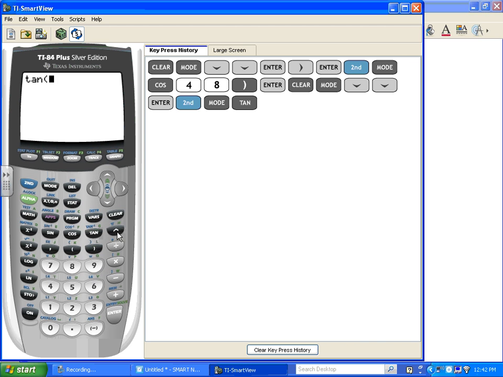Pi is a symbol as a second above the little caret key. You can do second caret key, and there's pi, and then divide by 12. Close your parentheses off. You have this set in radian mode, and so it will understand that this is in radians. Rounded to 3 decimal places, that will be 0.268.